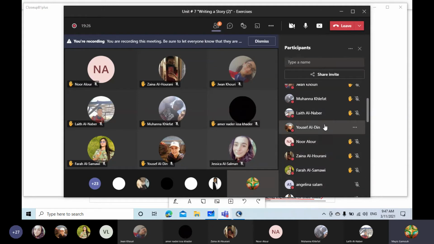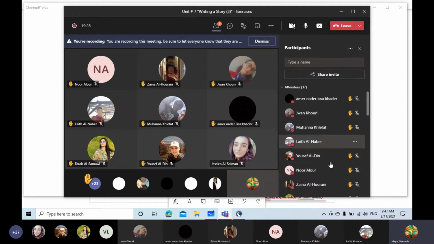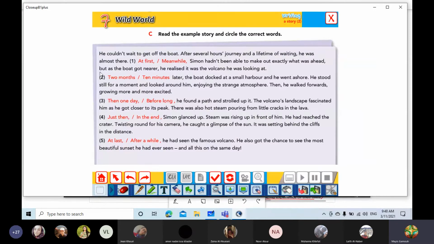Farah, Helena, Zena, Noor, Yusuf, I want new hands in here. Okay, same students. Marianne, start. Read the instruction and start the paragraph. Read the example story and circle the correct words. He couldn't wait to get off the boat. Marianne, please, slowly and raise your voice.